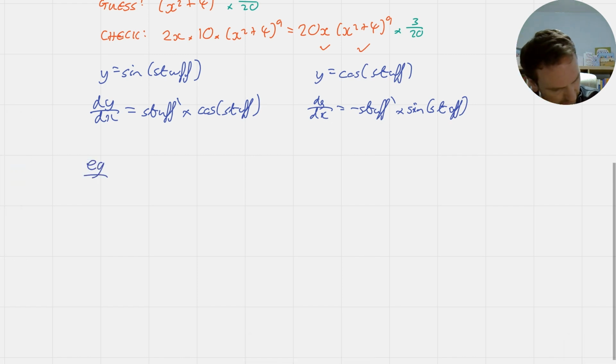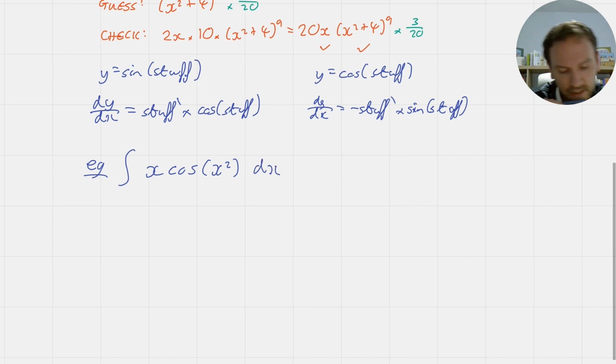So as an example here, let's think what happens if we want to integrate x times cos of x squared dx. In this situation, we've got cos of x squared in there. So our stuff in this case would be x squared. And stuff differentiated would be 2x, which is pretty similar to what we've got on the outside.